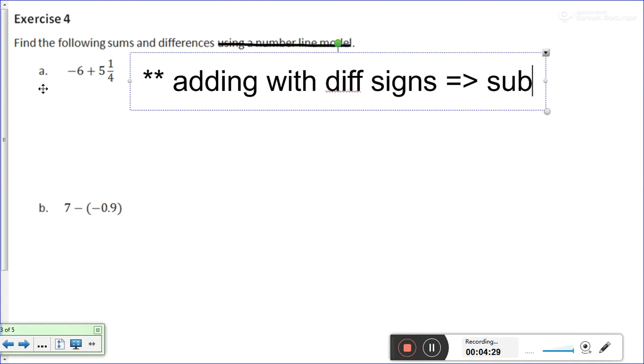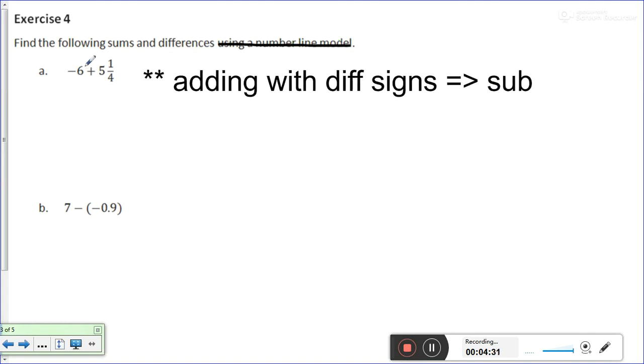And the -6 is farther away than the 5 1/4, so my answer is going to be negative. So I'm going to set up that negative sign already so I don't forget. And then I just need to focus in on the numbers. So I have 6 minus 5 1/4.